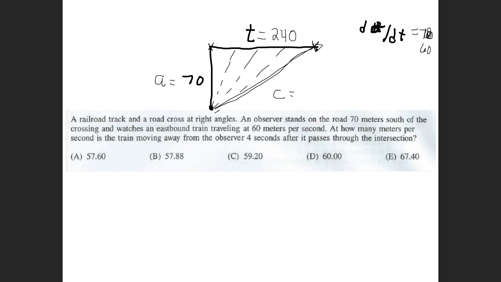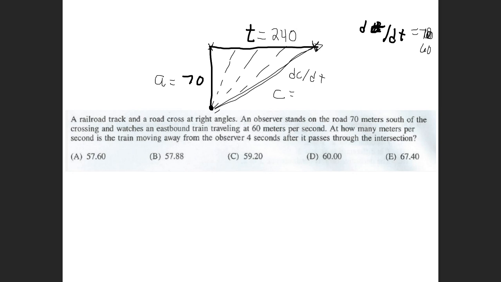I know T is 240. What is C? And what are we looking for? We're looking for dC/dt. We're looking for how fast this is increasing, because it's going to go way over to here. So we want to know how fast that train is moving away from that gentleman.